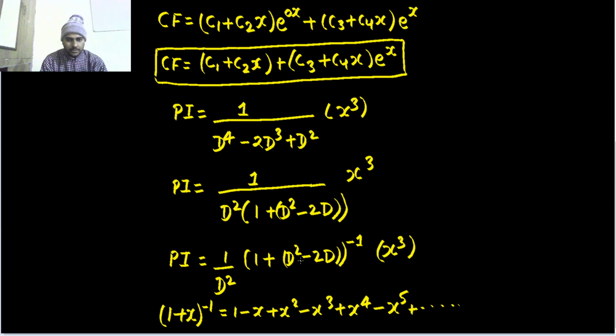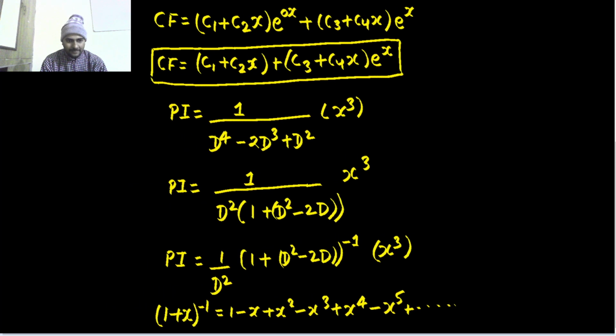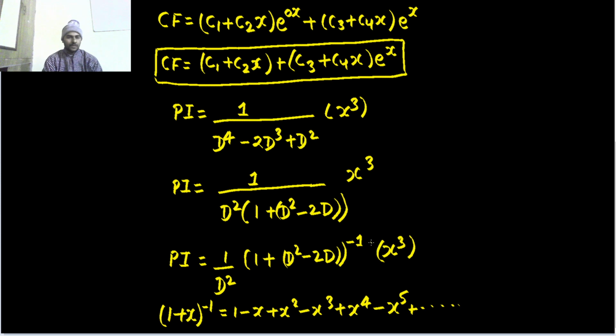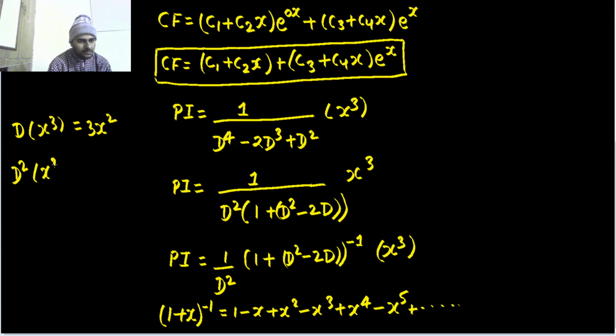Because you see D^2 is appearing, and -2D is appearing, so I will have to check the derivatives of x^3. The first derivative of x^3, which is simply D of x^3, is, as you all know, 3x^2. For the second derivative, I will differentiate 3x^2 again, which will be 6x. I am writing in a short way.